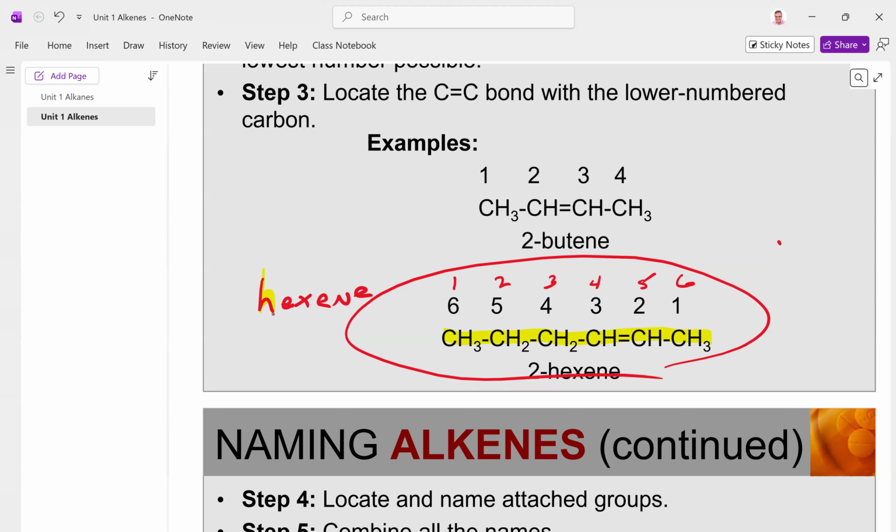Hexene. And what carbon does the hexene start on? 2. Okay? Why does it start on two? Because that's the first carbon, when you start at carbon number one, you run into where the double bond starts.